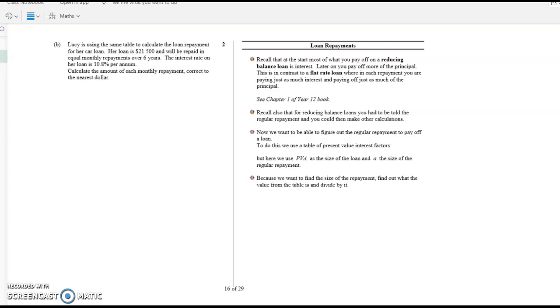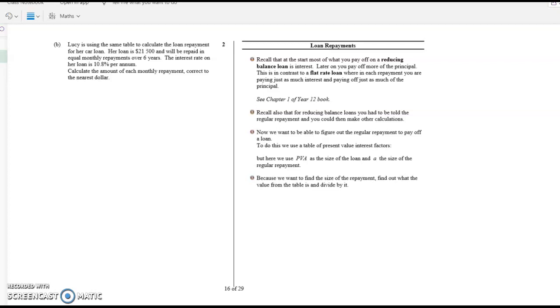Boys, today we're looking at loan repayments. In the past we've looked at what's called a reducing balance loan, and that was the previous topic. What's interesting to note about a reducing balance loan is that it is an annuity, because we are making regular payments to pay off the loan.